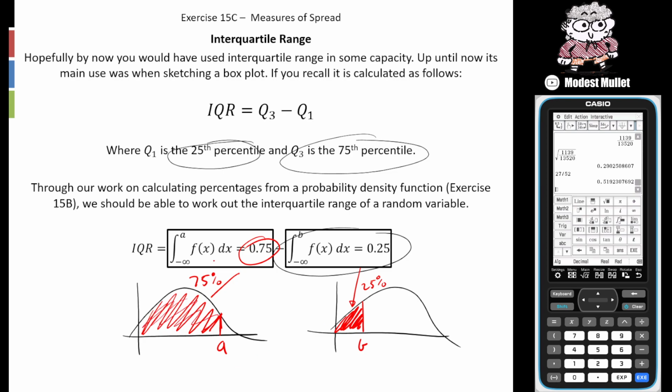And once we have those A and B values, that is what's called our third quartile and our first quartile. And then using those numbers, we would do A take away B. That tells us what's called the interquartile range, which is just the distance between A and B, or the difference of them.